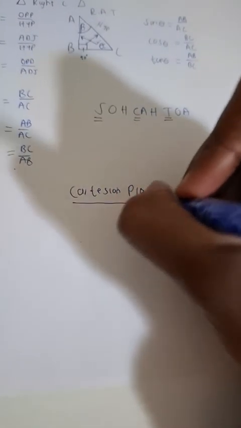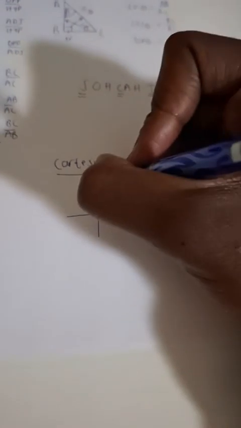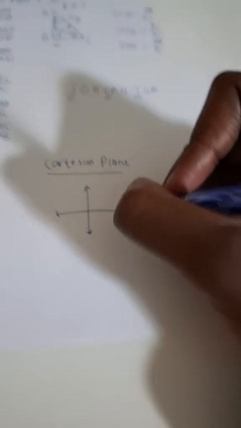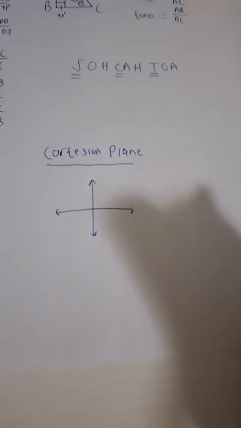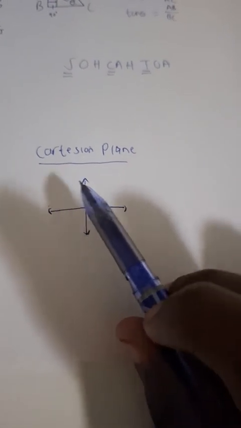Then let's move over to something else. Then we have our amazing, glorious Cartesian plane. Our Cartesian plane is divided into what we refer to as 1, 2, 3, 4.